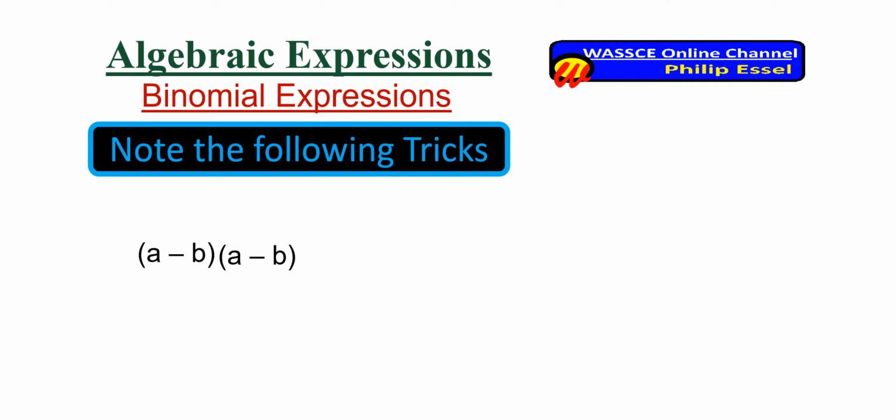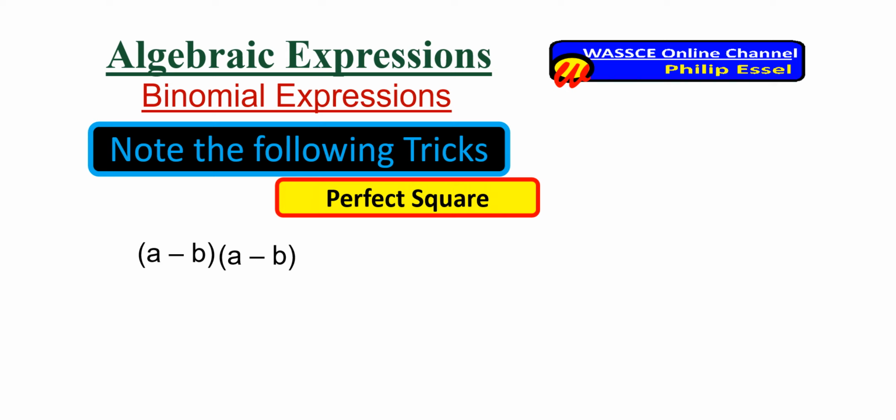However, in mathematics, whenever an item multiplies itself, it forms a squared number or a squared item. This is also referred to as a perfect square. So, for example, when 2 multiplies itself, it forms the number 4.